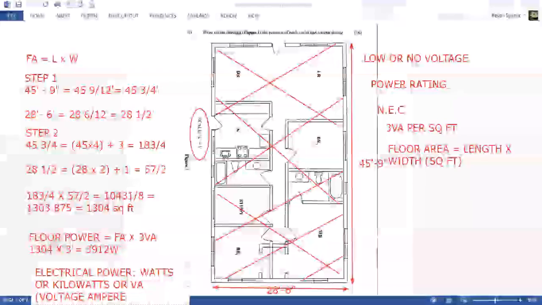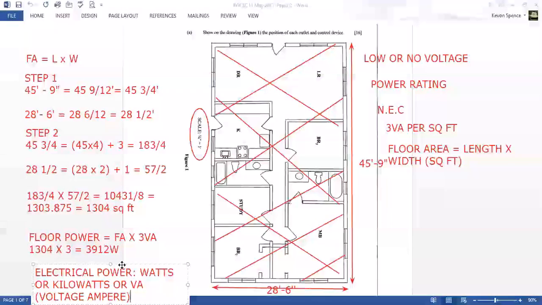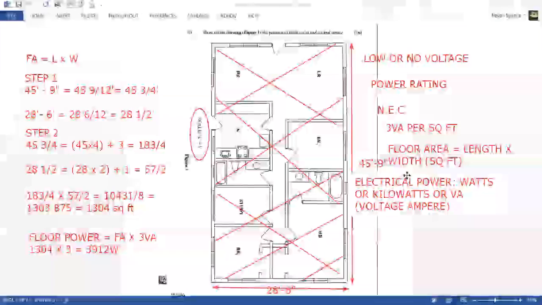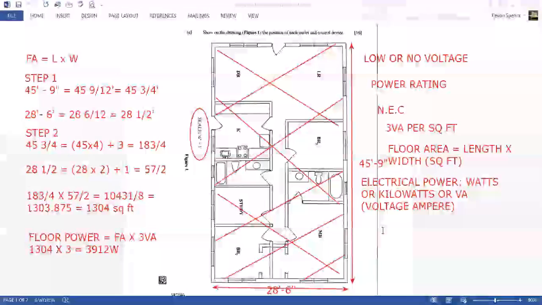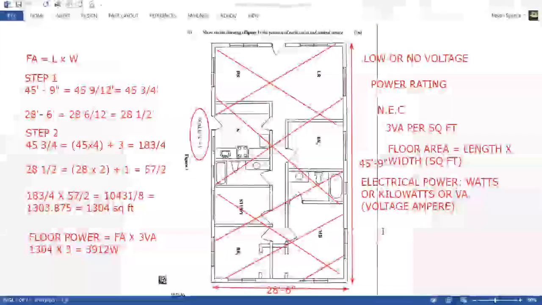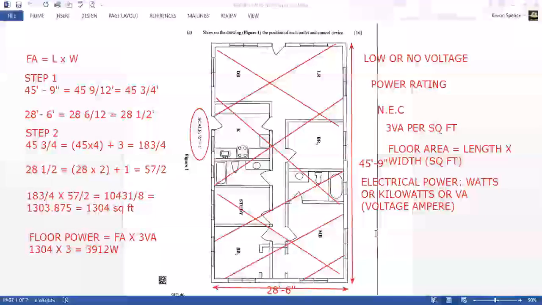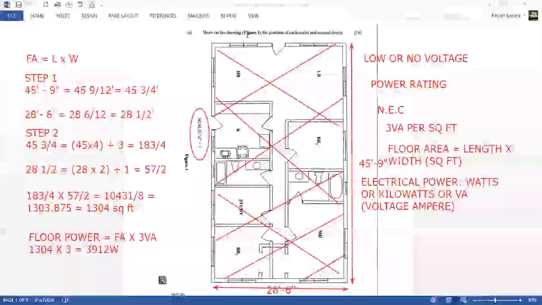We know volt-ampere is a result of volts times current, which gives us power.